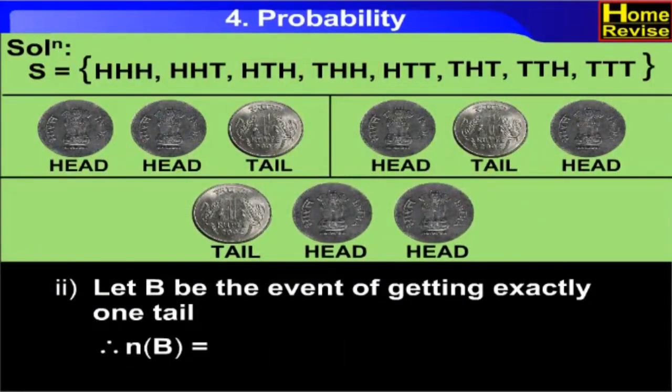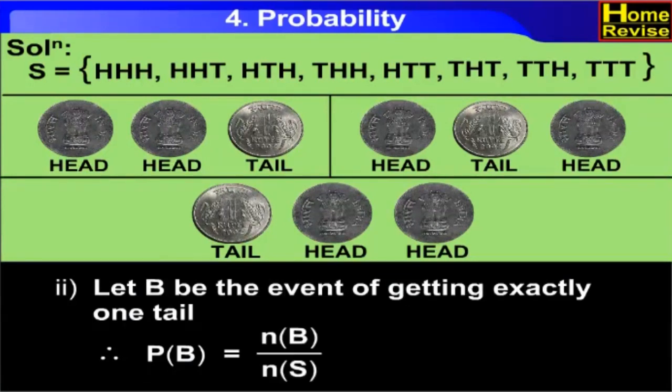Therefore, n(B) is equal to 3. Therefore, probability of B is equal to n(B) upon n(S), which is equal to 3 upon 8. Therefore, probability of B is equal to 3 upon 8.